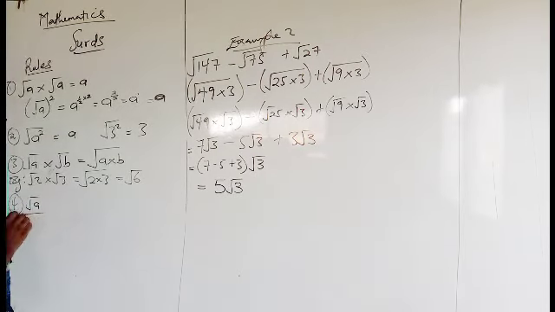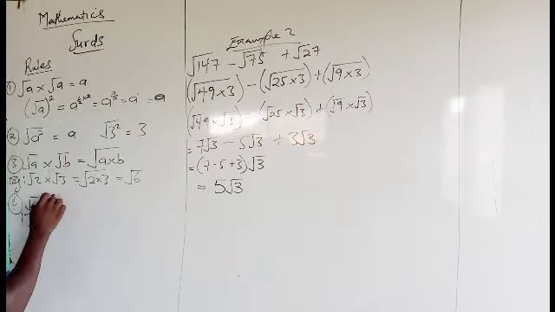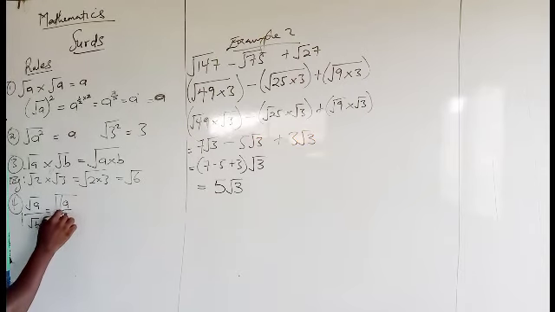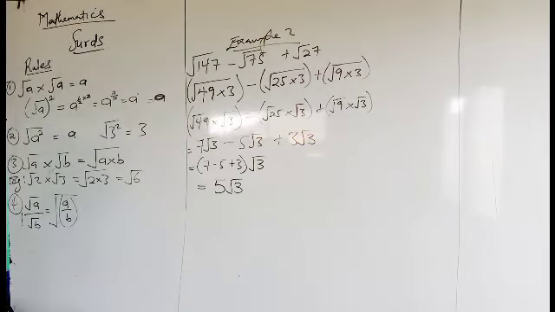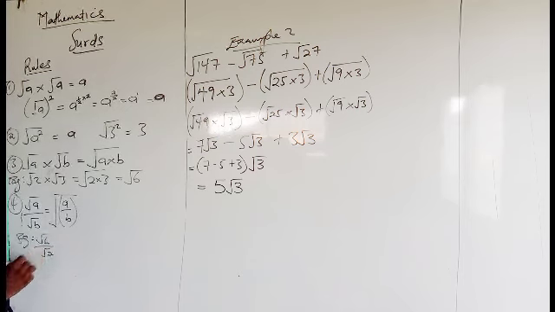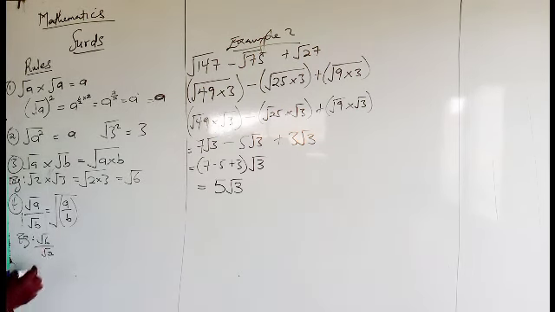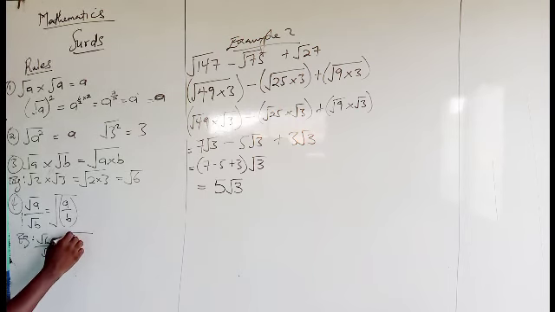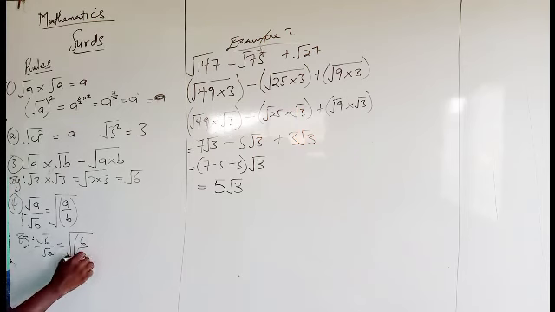Square root a divided by square root b will be written as square root of a over b, like this. So an example: square root 6 over square root 2 will be represented as square root of 6 over 2, which will be 2 goes there 1, 2 goes there 3.